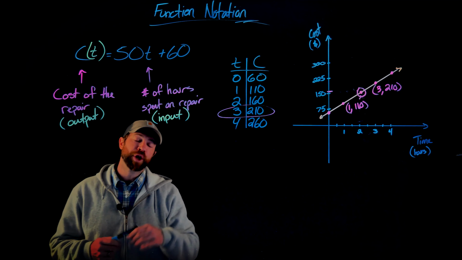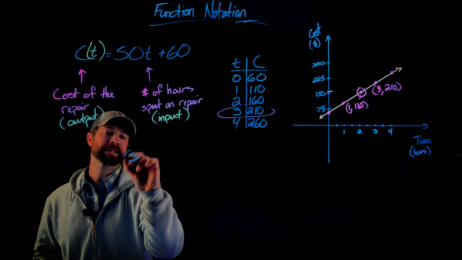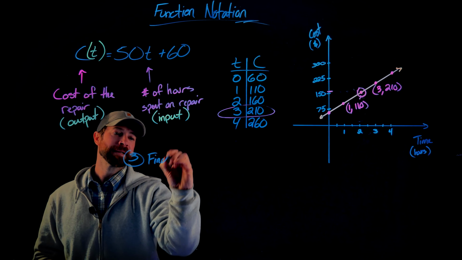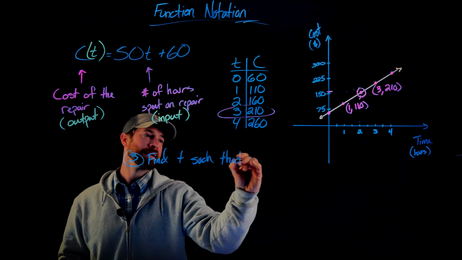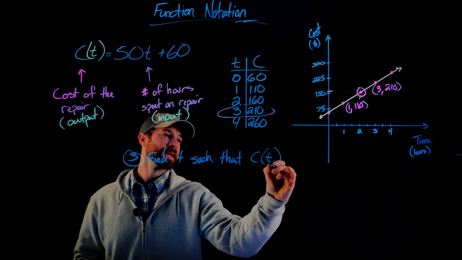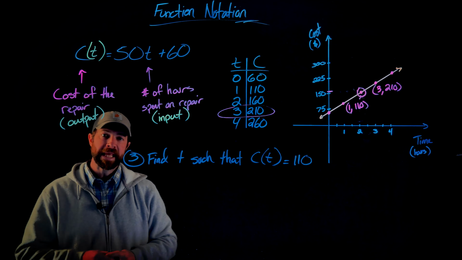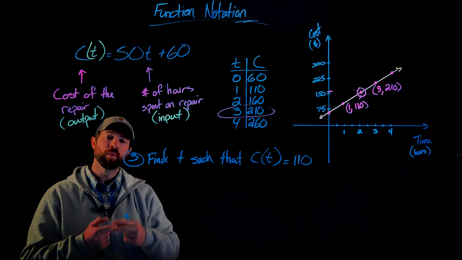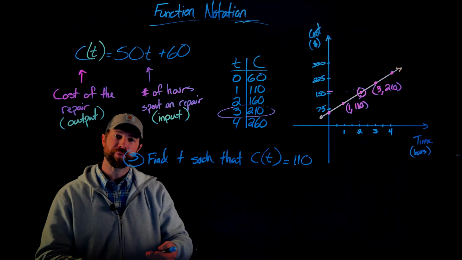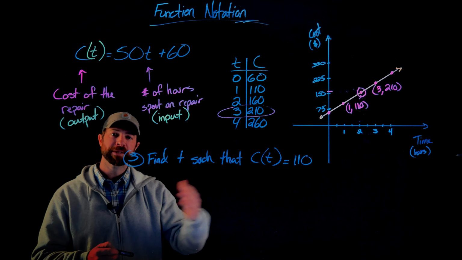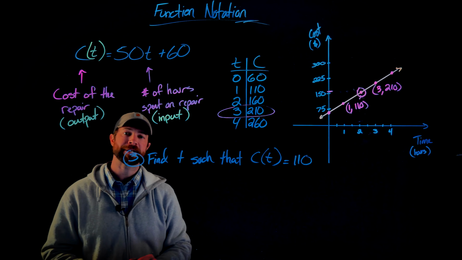So far, we've just plugged in inputs into our function. We actually can ask questions like this. Find t such that c of t equals 110. In this way, we're asking for what input value or t value do we plug in to get an output of 110. And we can do this both graphically, with the table of values, or with the function definition here.